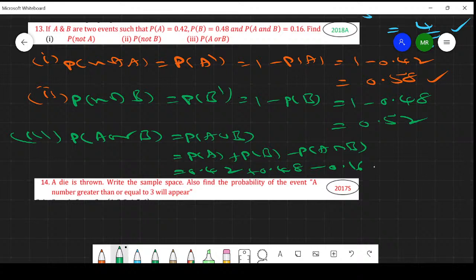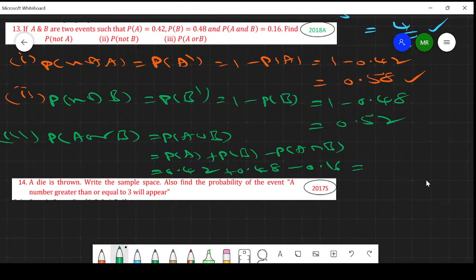You simplify this value. Add those two values, 0.42 and 0.48, we get 0.90, then you subtract 0.16.